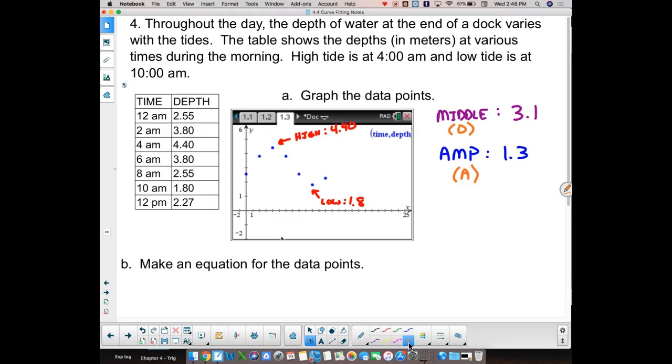Now, logic question for you. In a sine curve, or even in a cosine curve, horizontally, if I go from the high point to the low point, how much of the curve have I gone horizontally, high to low?